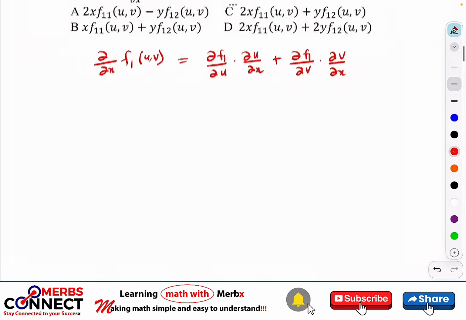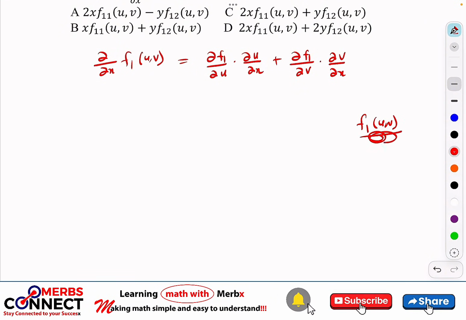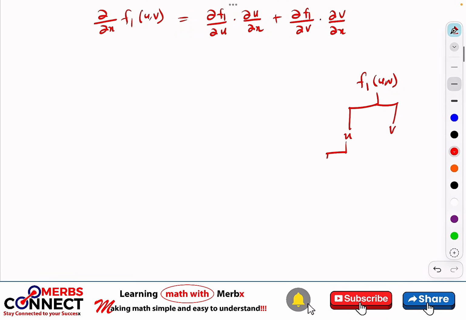So when I draw my tree now, it is f1, which depends on u and v, and u and v depend on x and y.